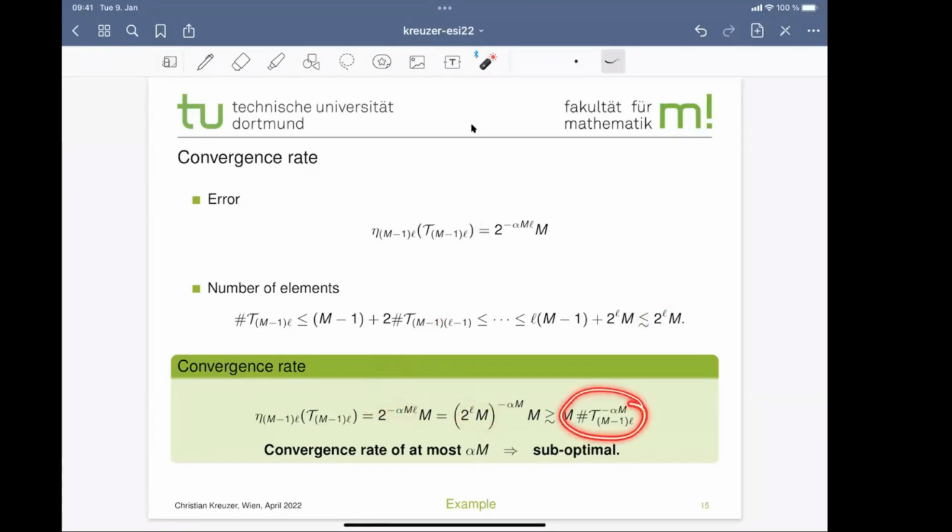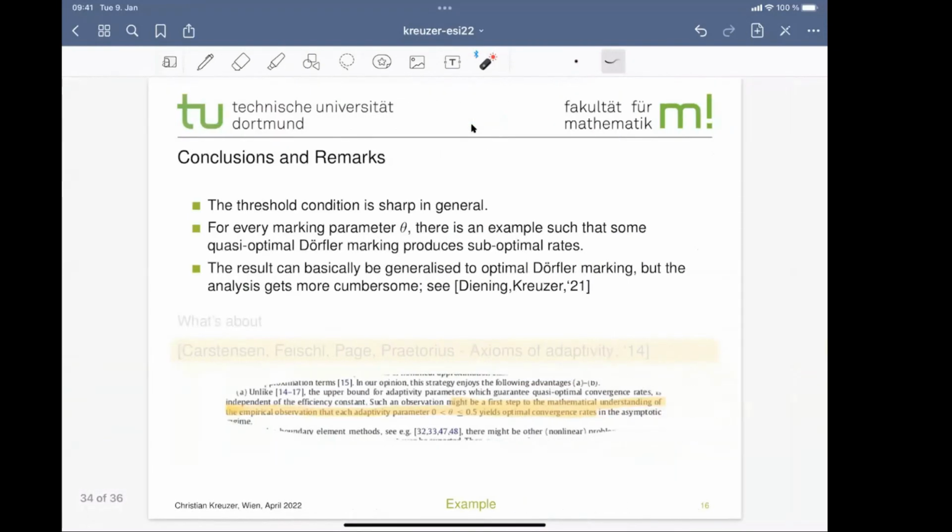You can replace it by the number of elements, and you see that for the error estimator you can at most achieve a convergence rate of alpha times m. And we have seen that this is suboptimal because the optimal convergence rate is, well, exponential. Okay, and this is the end of the talk.